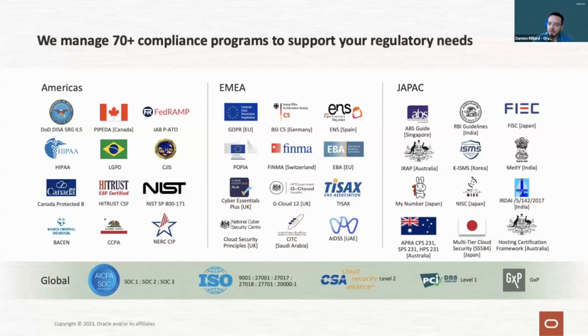Next slide. We talked about it a bit earlier, compliance and regulatory needs are a huge headache for our customers, for everyone. We manage more than 70 compliance programs around the world, global as well as very localized by industries, by regions. This is absolutely key to help customers meet those compliance programs.